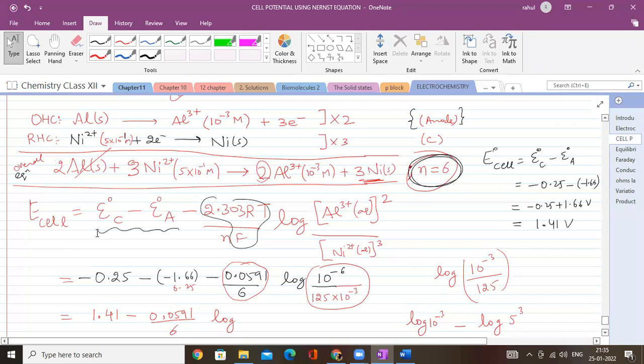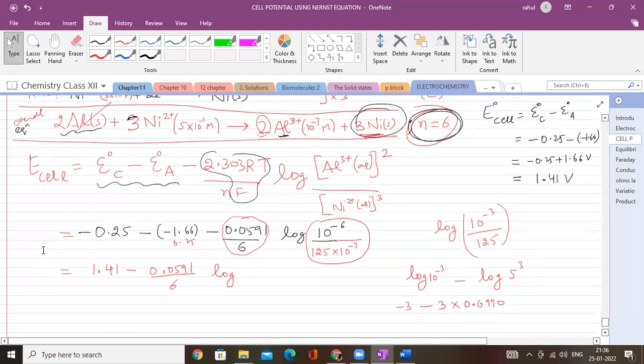Now, as I said, E of cell equals E naught of cell minus 2.303 RT by nF log. This nickel in solid is 1, and aluminium 3+ raised to power 2, divided by aluminium in solid is 1 at the bottom, and in the denominator nickel 2+ raised to power 3. Now as I said, I have already solved this part, which is 1.41 volt minus 0.0591.